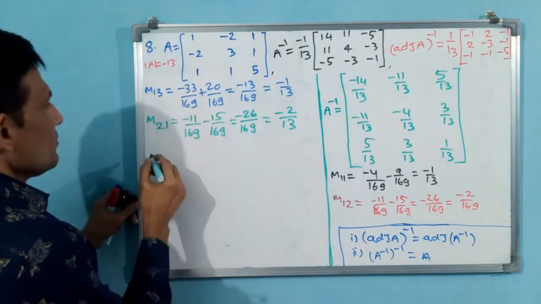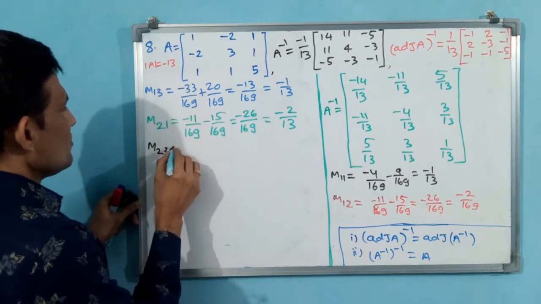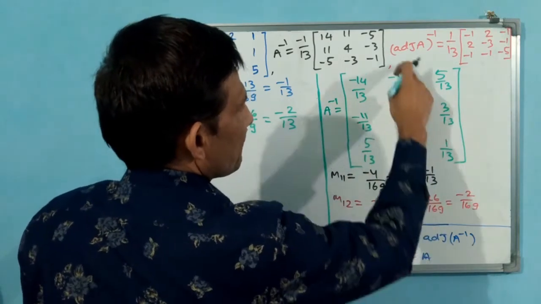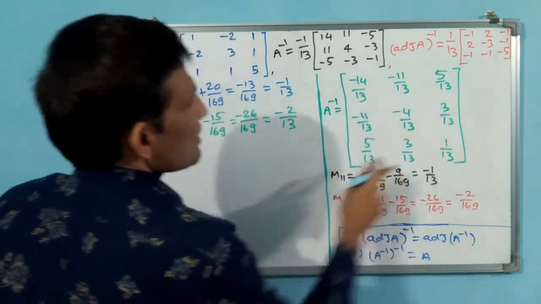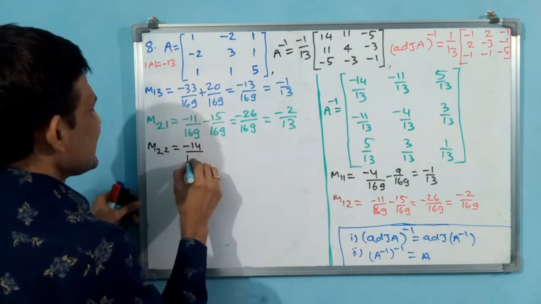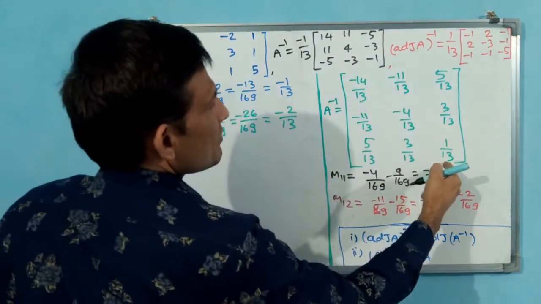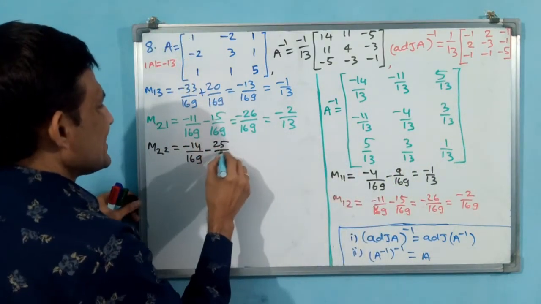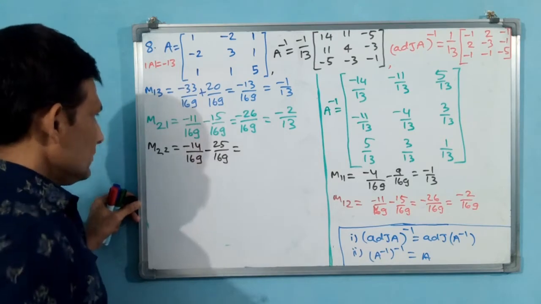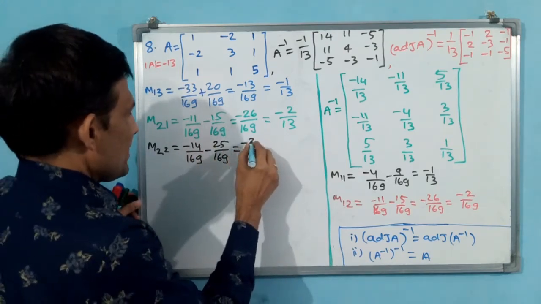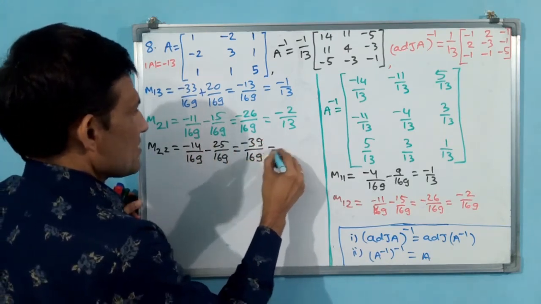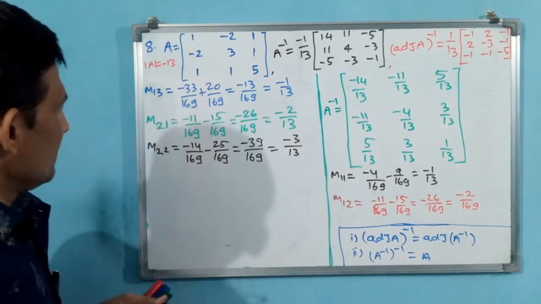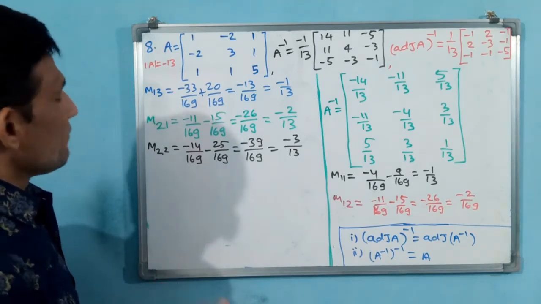Now go for M22. M22 means you are closing the central 4 by 13, the plus shape. Minus 14 by 169, minus 25 by 169, minus 39 by 169, that is equal to minus 3 by 13. Okay, now let us go for M23.